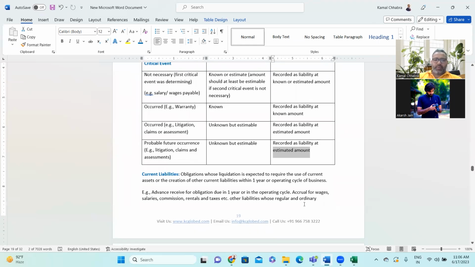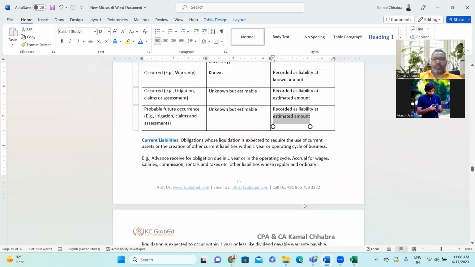Next is current liability. Current liability is obligation whose liquidation is expected to require the use of current assets or creation of other current liability within 1 year or operating cycle of business. What is operating cycle of business? Operating cycle of business is from the time the goods are sold and then cash is realized again.